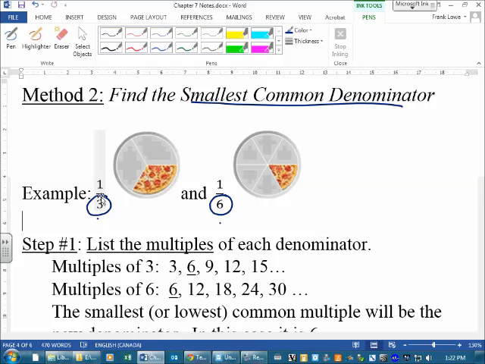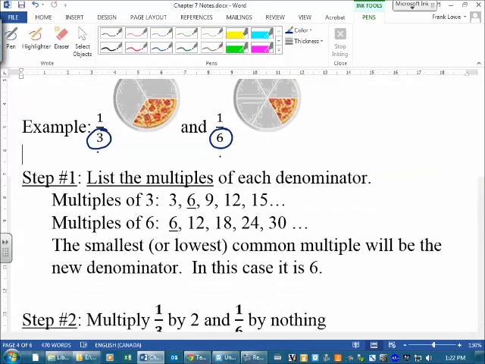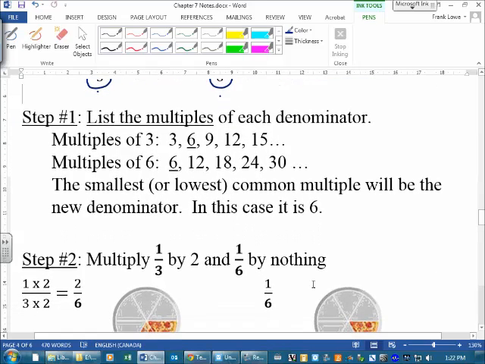I'm going to give you a couple of examples of how to do this. We list the multiples of each of the denominators. I know you love skip counting, you love finding multiples, and if you don't, you've got to learn to.